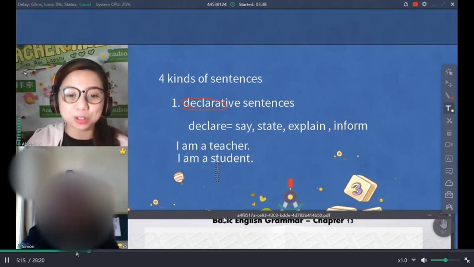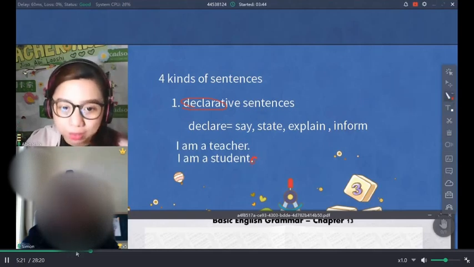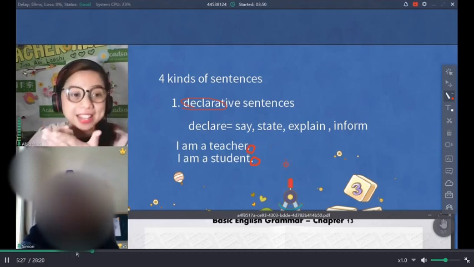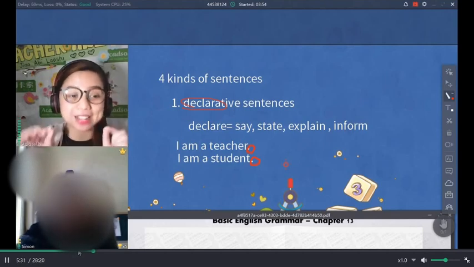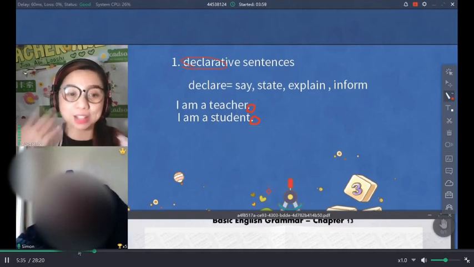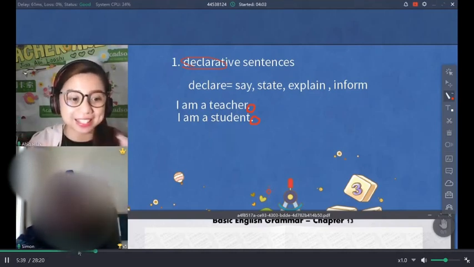Now, when you say declarative sentence, it always ends with a period. Because you are stating, you are explaining. So they always end with a period. Now, can you try to make another one? This time, make a longer sentence.